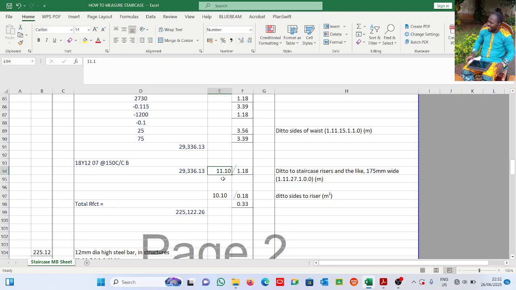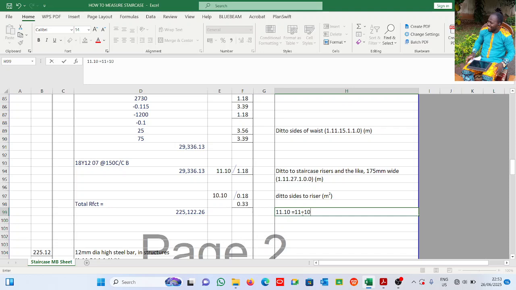Now let me explain what I did here. 11.10 is not 11 times 10. In mathematics, 11.10 is multiplication, but in quantity surveying, 11.10 means 11 plus 10.